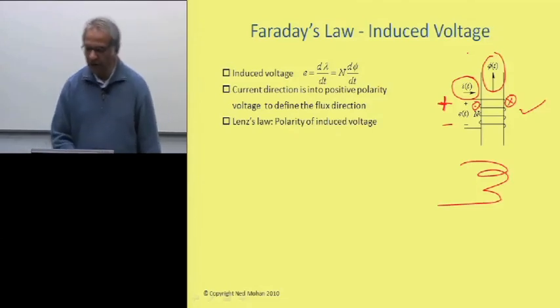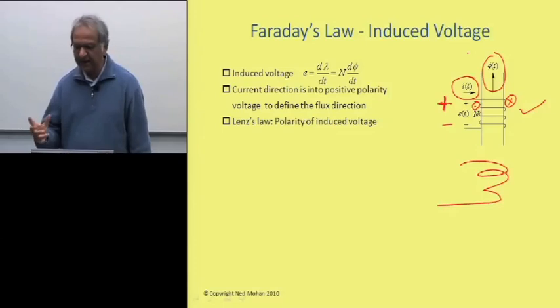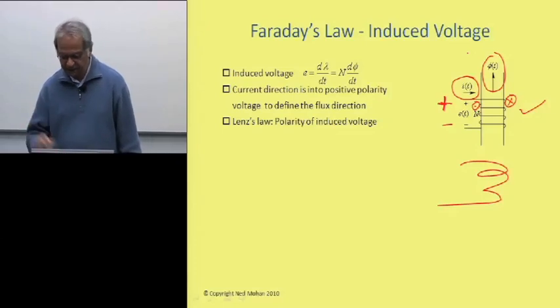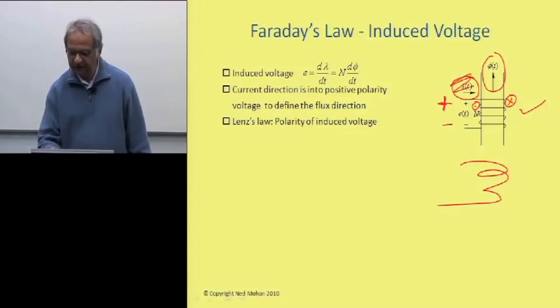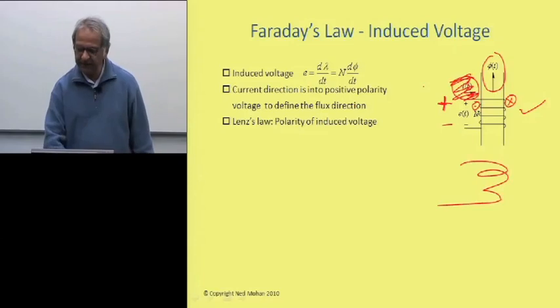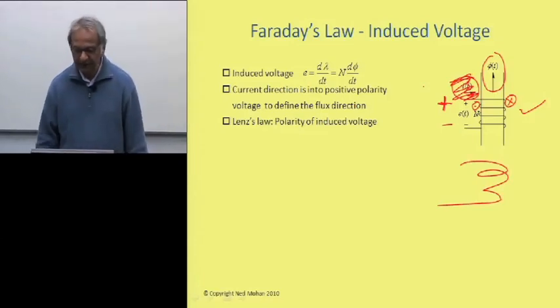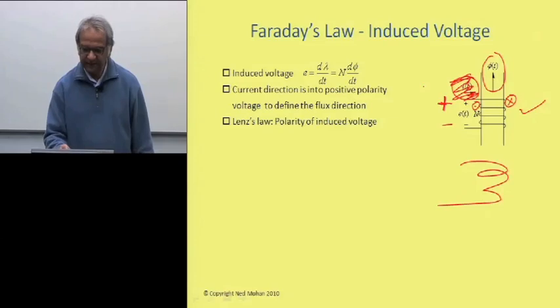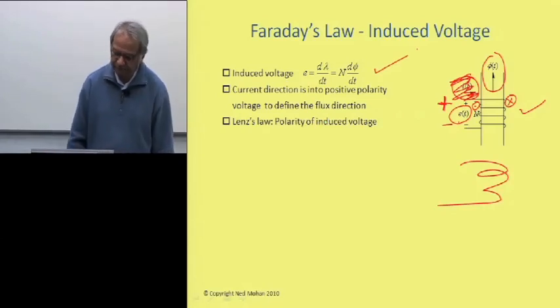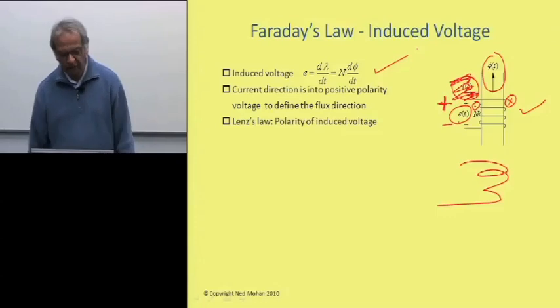Okay, and once we have obtained the direction of this flux, we can forget about this current here as if it never existed. All right, so now we can very clearly say that this induced voltage here is N d phi/dt, where flux is defined in this direction here. So that's one way to do it.